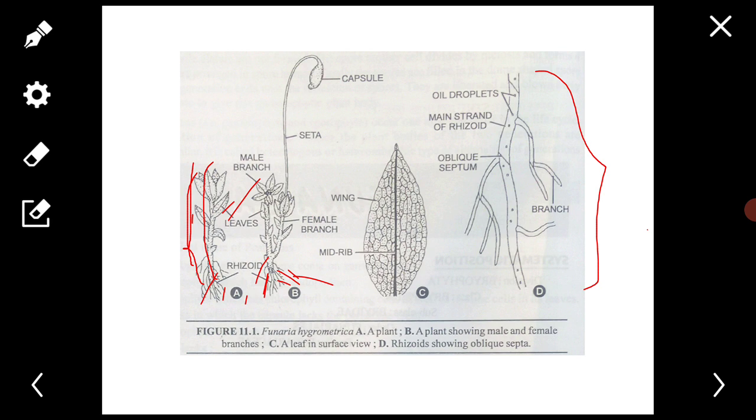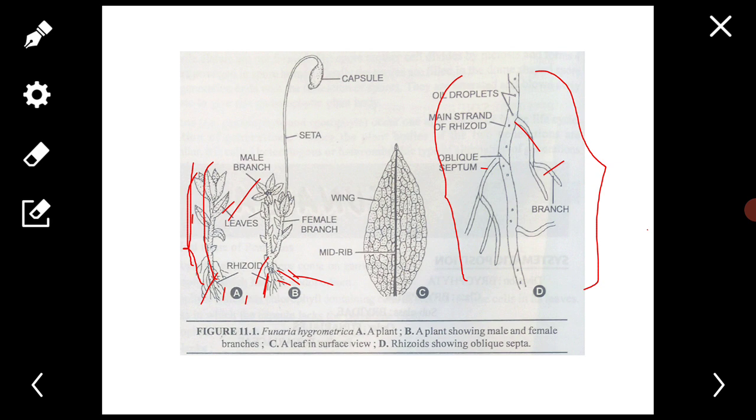It divides and redivides to form a long cylindrical multicellular branched structure. It consists of branching rows of cells with oblique septa.